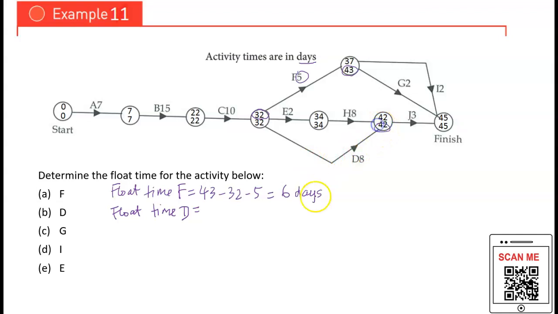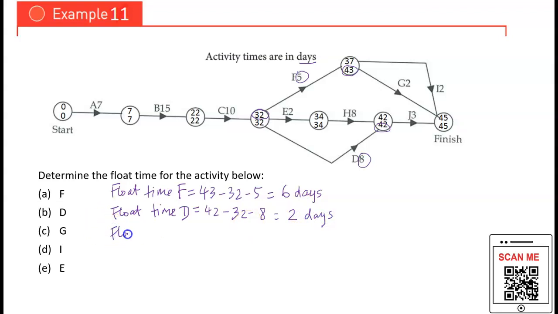Again, look for the LST value here, which is 42, minus the start of the activity D, which is 32, and the activity time for D, which is 8. And you have 2 days, right?